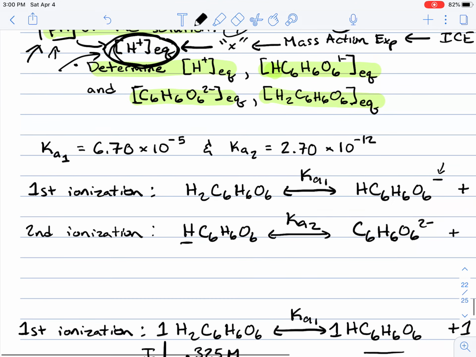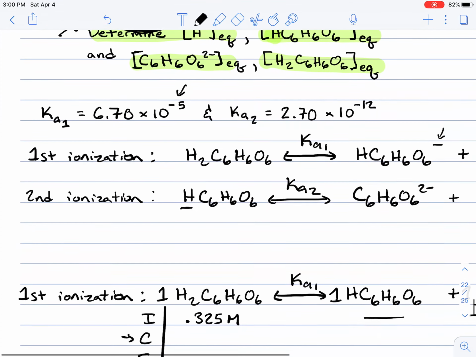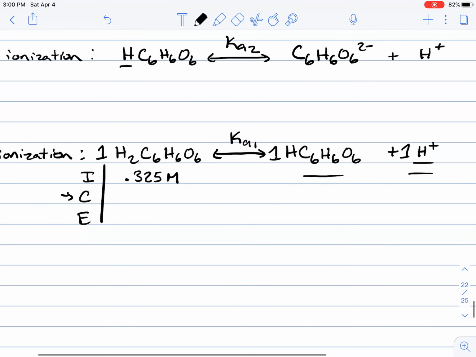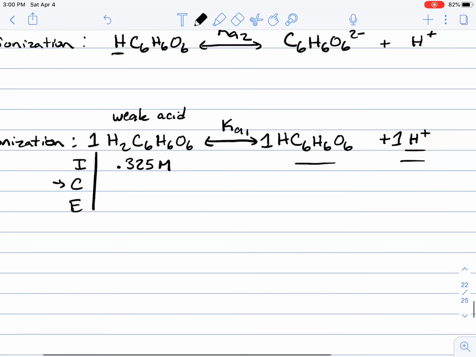And so if you look at the value for Ka1, it's times 10 to the negative 5. So this is telling us that ascorbic acid is a weak acid. Also, it's not on the list of strong acids that I had you guys memorize. And so therefore, it's just going to be minus 1x.